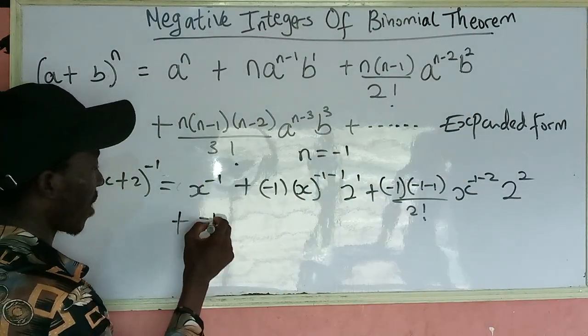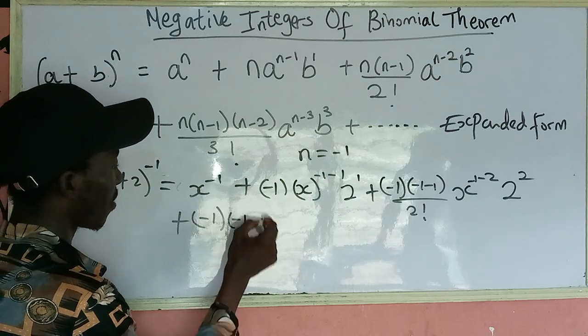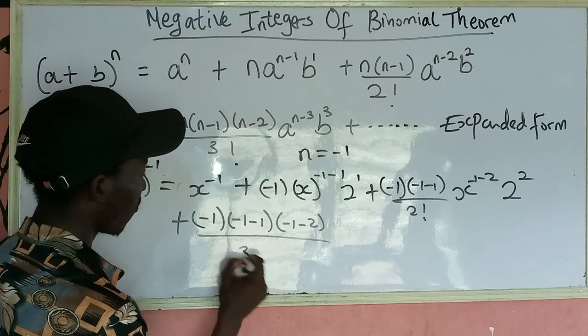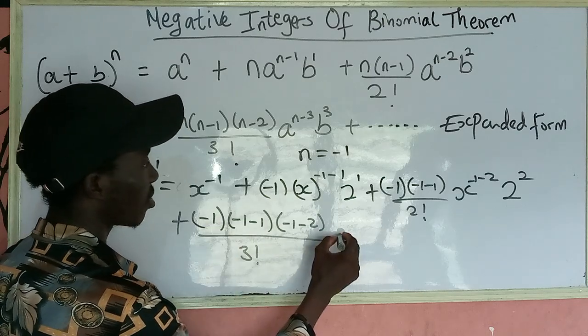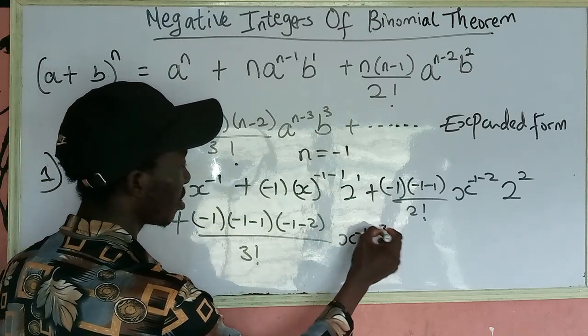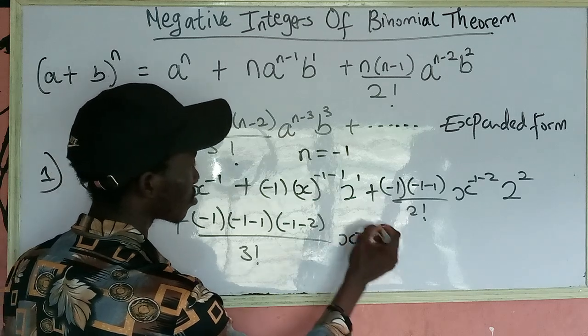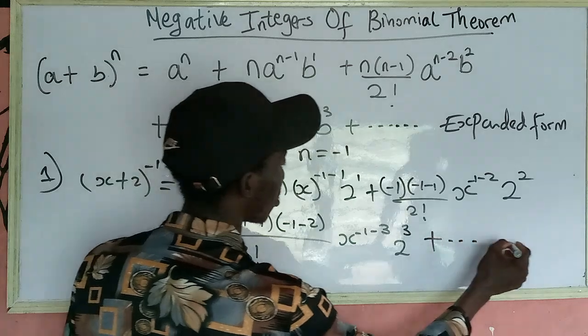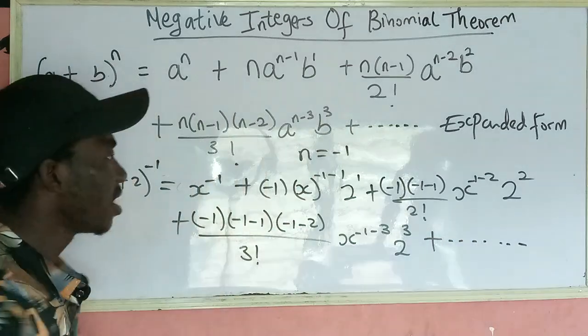Next you have minus 1 times minus 1 minus 1 times minus 1 minus 2 over 3 factorial, x to the power minus 1 minus 3, and 2 raised to power 3.